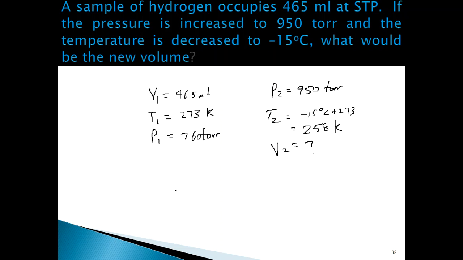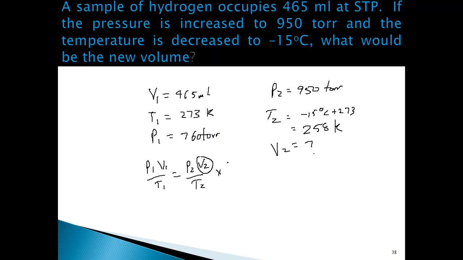Remember now the combined gas equation is P1V1 over T1 is equal to P2V2 over T2. What the question is asking for is V2. So I would isolate V2 by itself on this side of the equation.